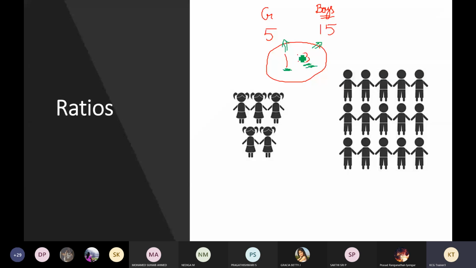Now, let's say 200 is to be split in the ratio 2 is to 3. How do you do it? In our schools, this is what was taught to us. Consider the parts as 2x and 3x.